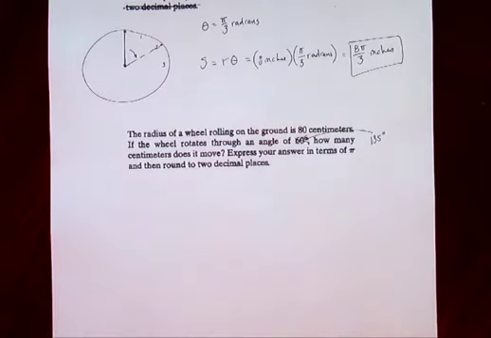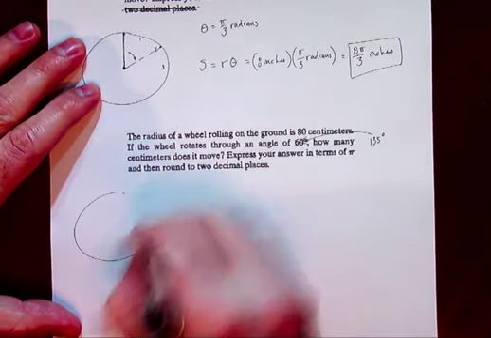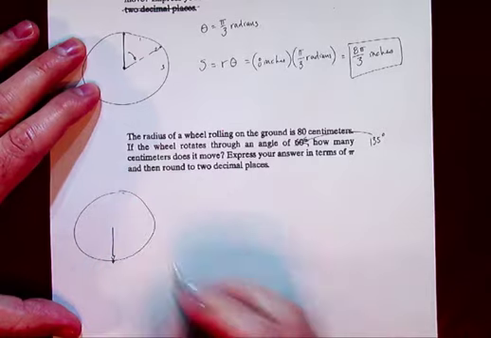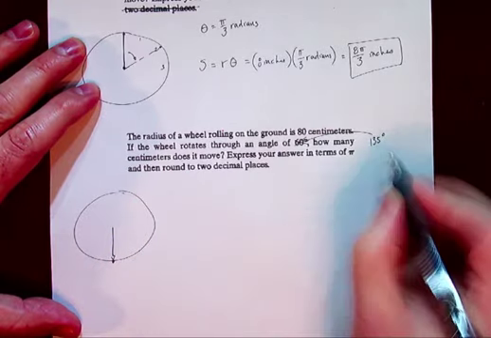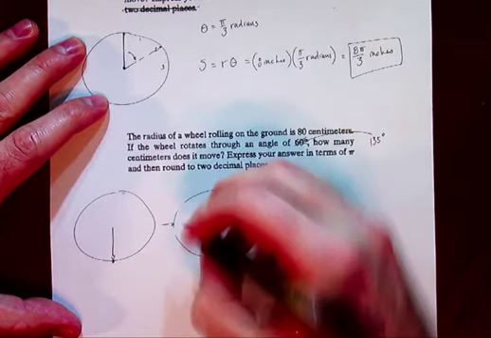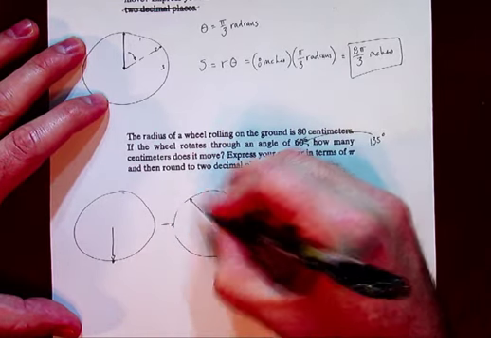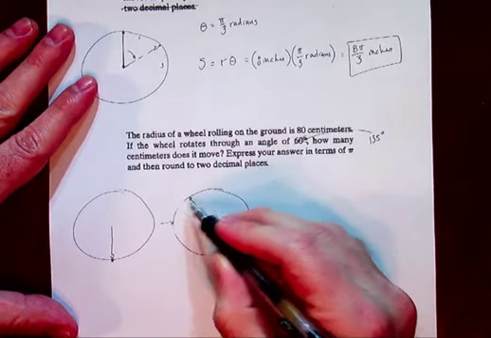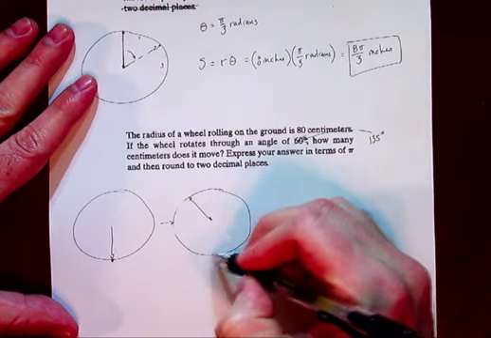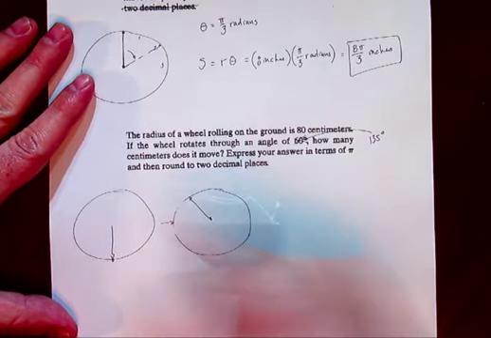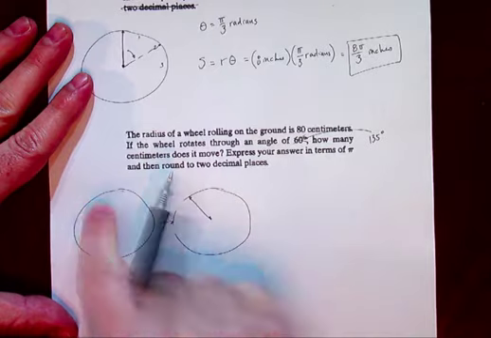So basically, the point that is down. If this point is down right here and it rolls 135 degrees, we're looking for the wheel where that point is now up there, right? Because if it rolls like this, then it'll spin around like that.